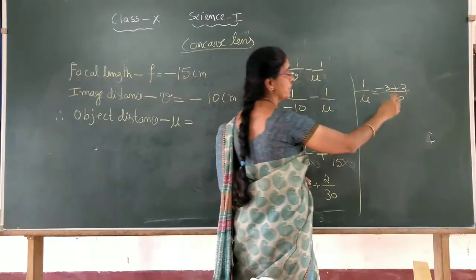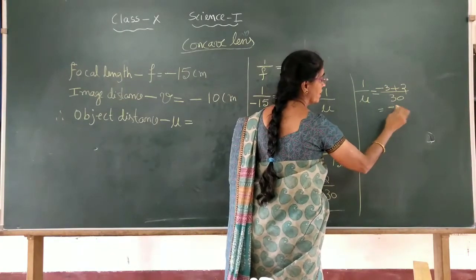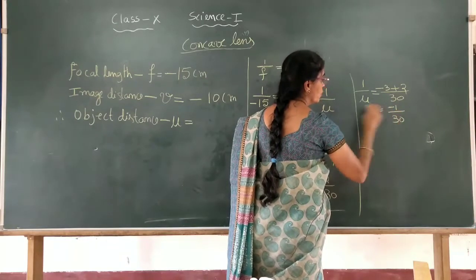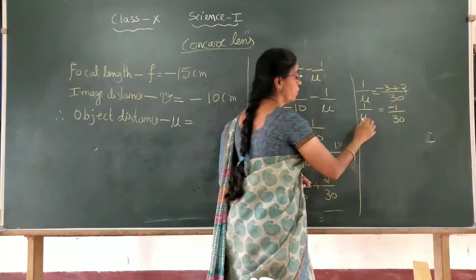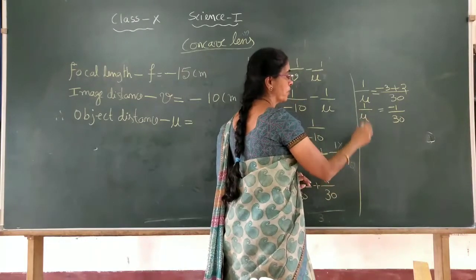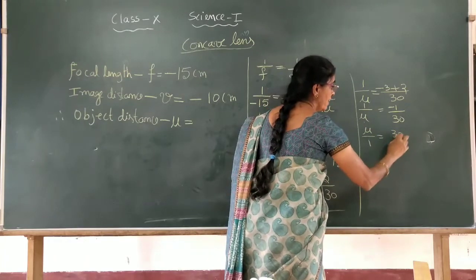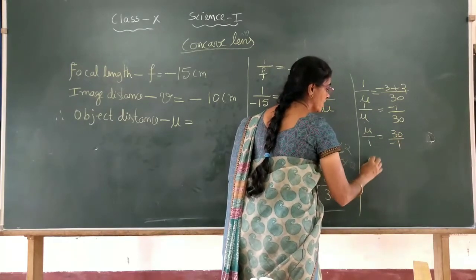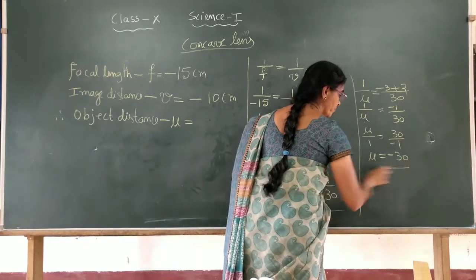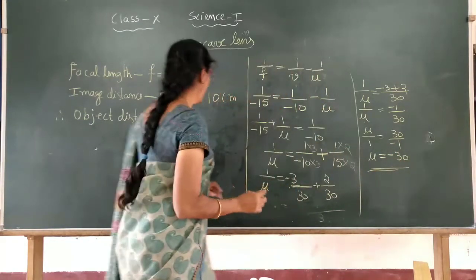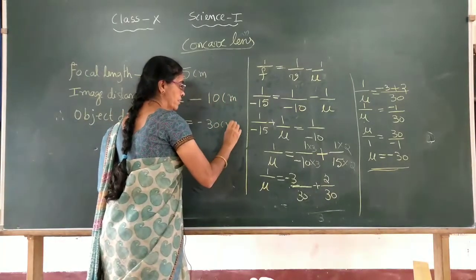So 3 and 2, the difference is 1, and the bigger number's sign is minus, so you will get minus 1 by 30. So 1 by U is equal to minus 1 by 30, or you want the U value, so write the reciprocal: U by 1 is equal to 30 by minus 1, or it is nothing but U is equal to minus 30. So you got the U value as minus 30 centimeter.